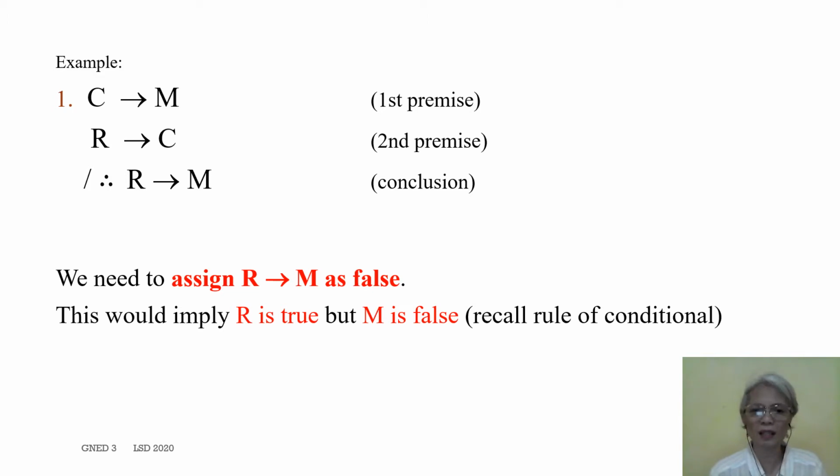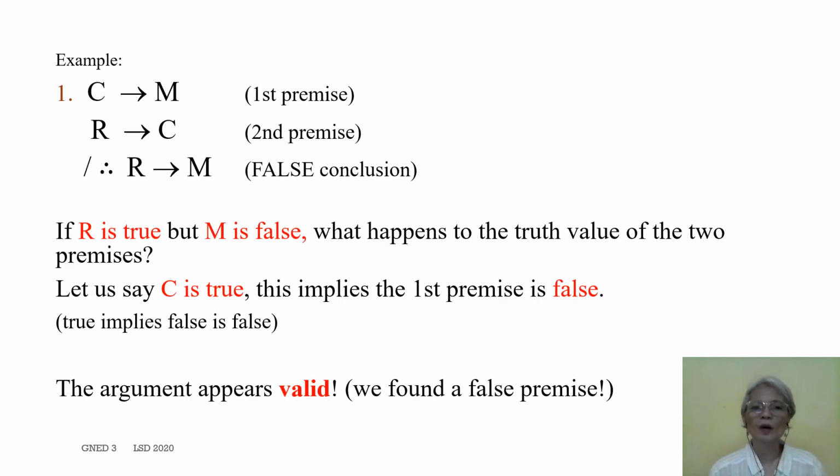Now, if that is the case, what are now the values of the two premises? Initially, it is safe to surmise that we need to assume values for C, and explore the values of the premises from that. Suppose we assign C as true. So una muna na possibility kung ang C natin ay true.